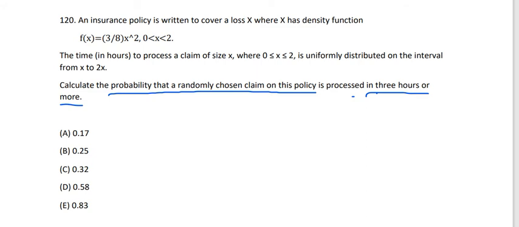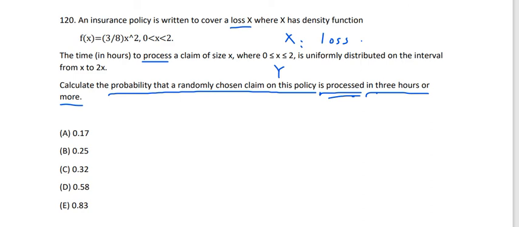So let's say a claim on this policy is processed in 3 hours. Here we have 2 variables, x and y. So what are x and y? x is the loss, right? And the processing time is y.